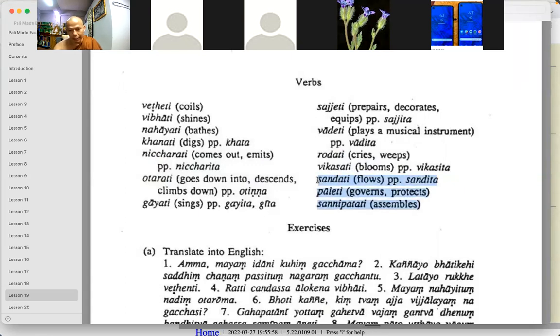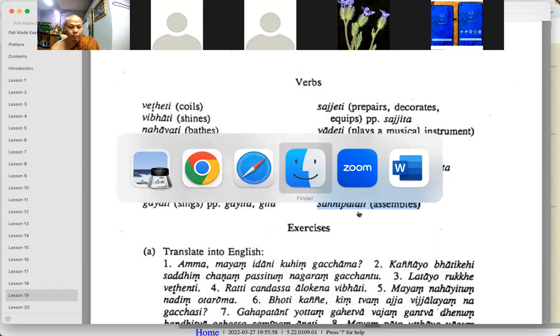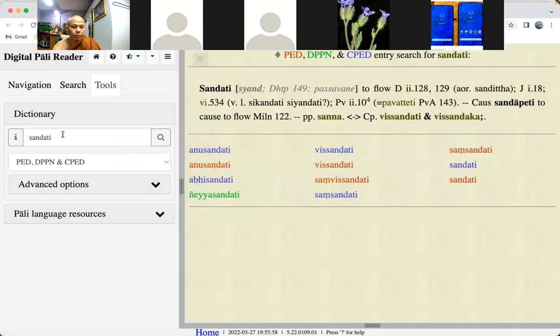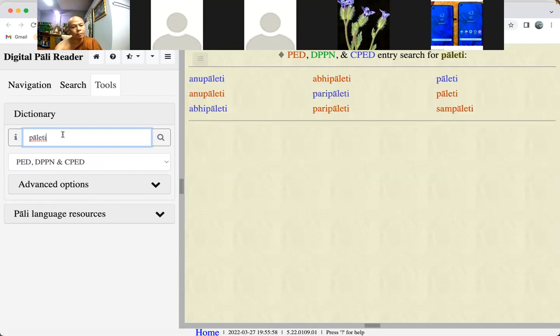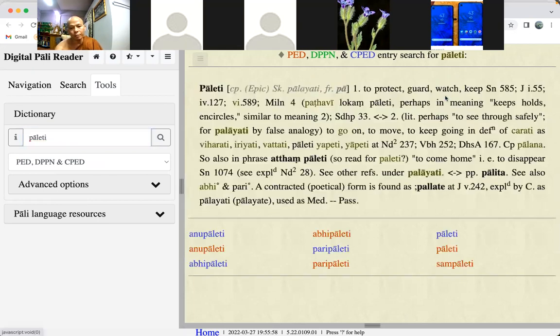Root is sand, sign is R and D. And the baleti. So baleti also already long, or maybe baleti, baleati. Okay, baleti, baleati.